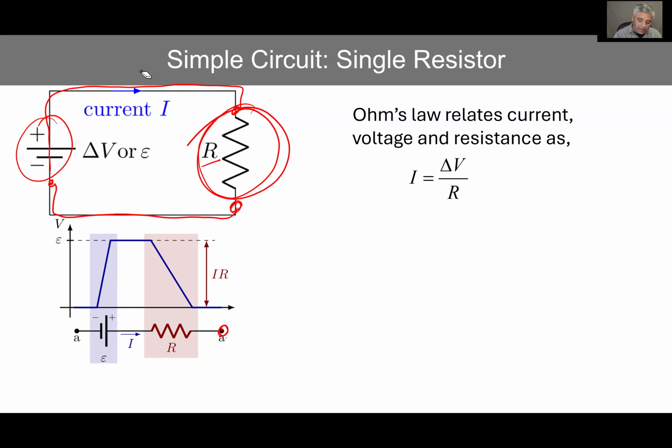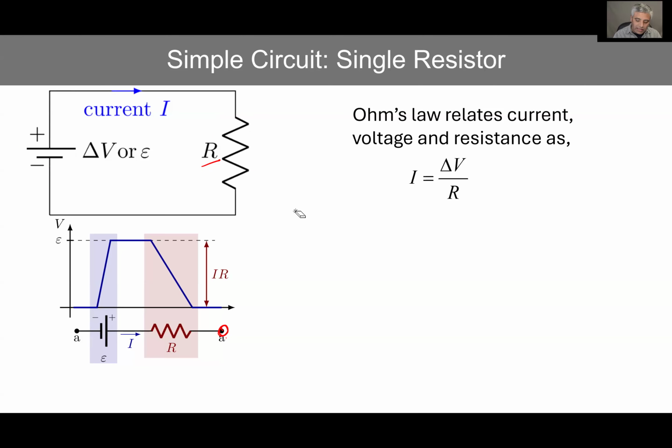So when there are these connecting wires, we say the resistance is negligible, meaning the potential is not going to change. Remember, potential delta V is I times R. When R is negligible, the change in potential also becomes negligible.